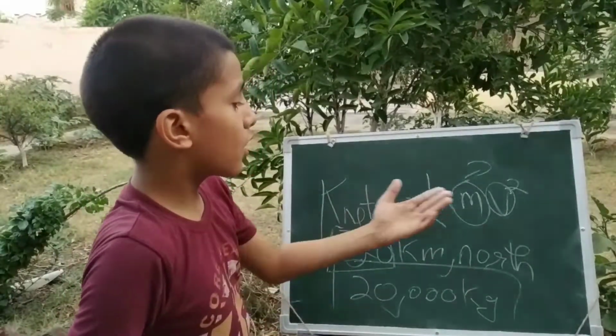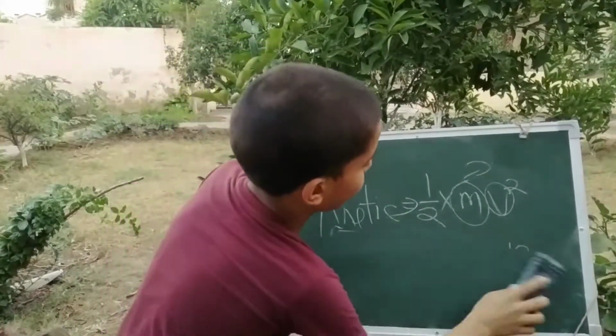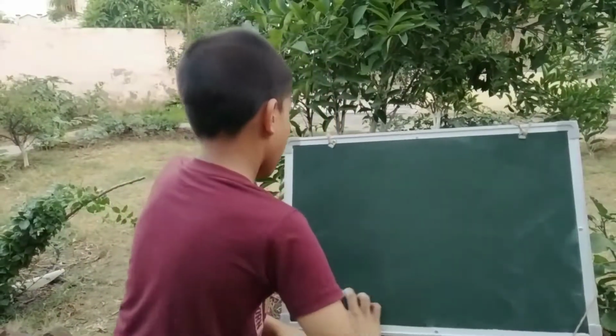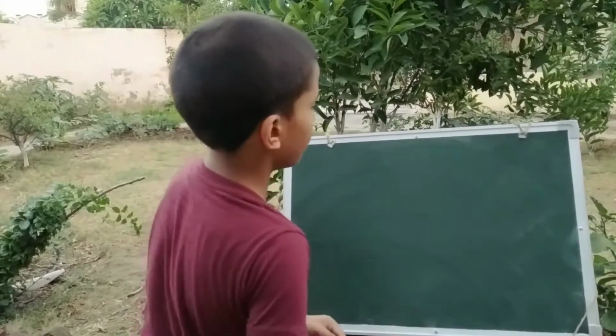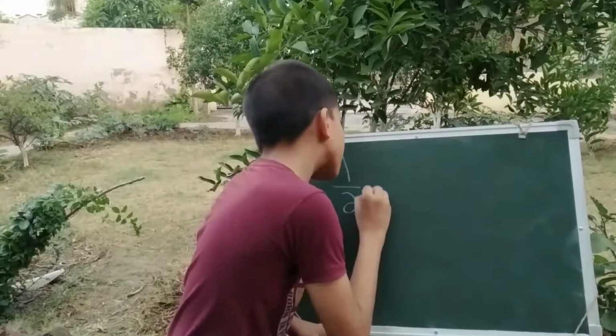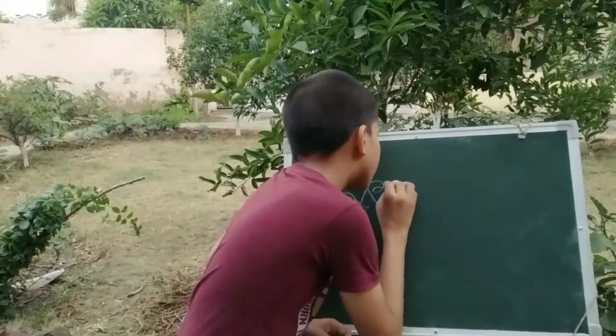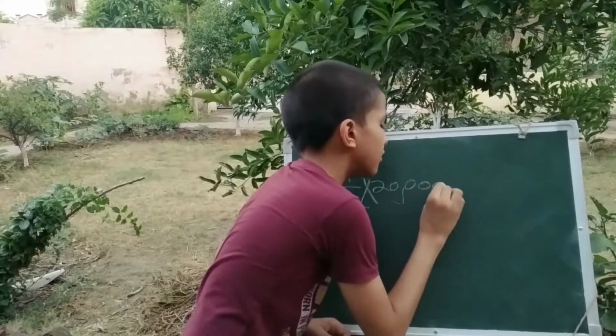the square of our velocity. So the square of the velocity will be, we know, to find out the square we will do like this: 1 over 2 multiplied by what is our mass? Yes, 20,000.